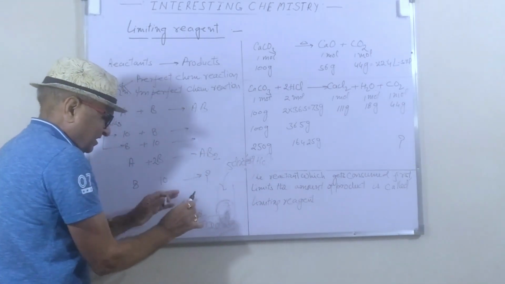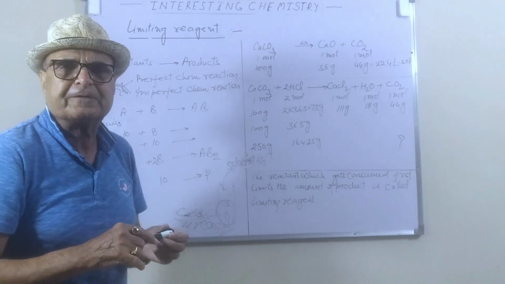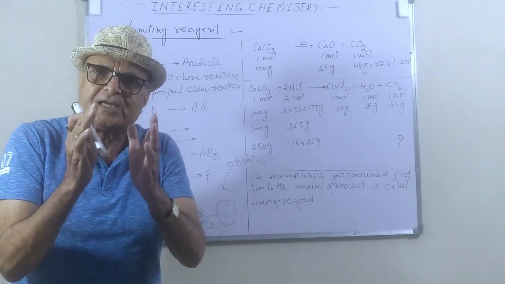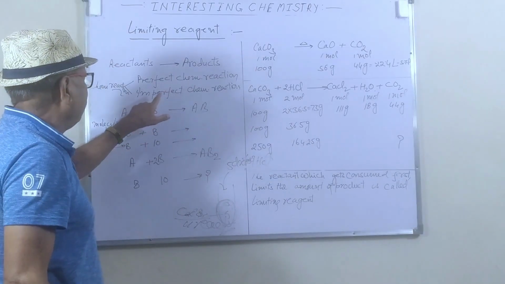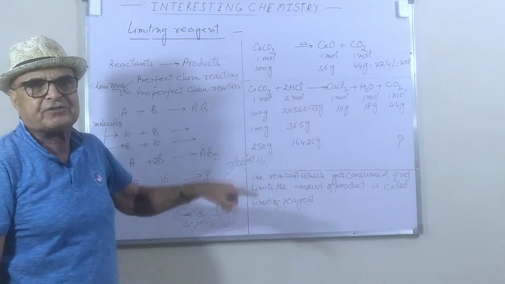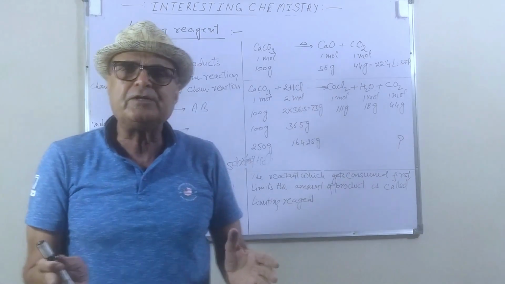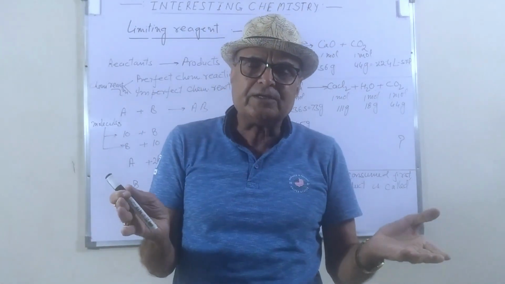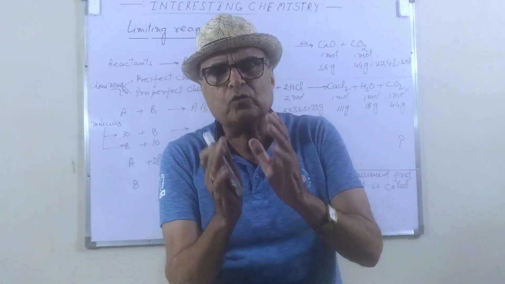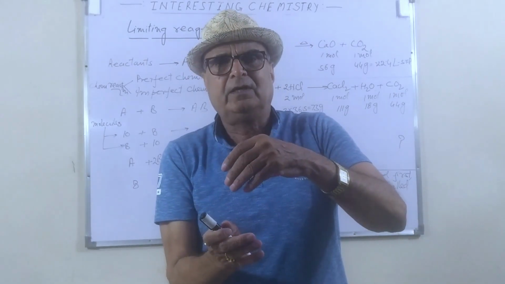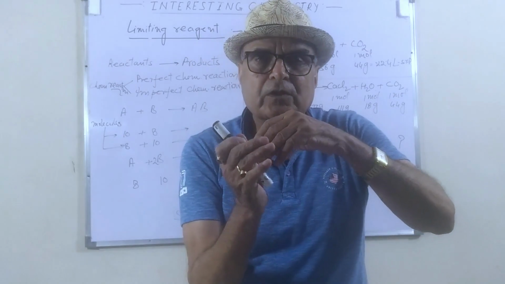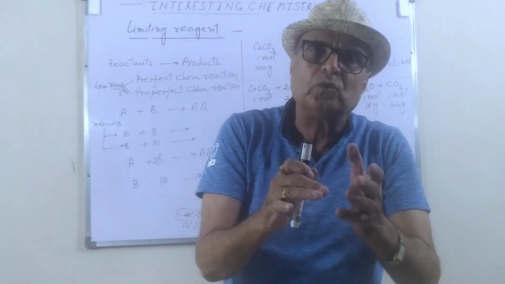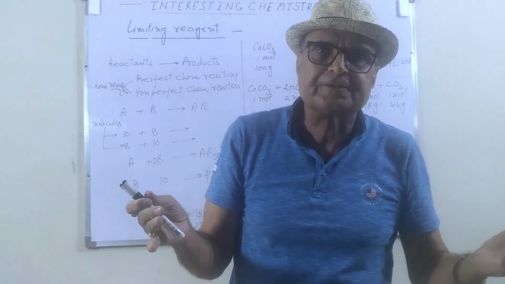So this experiment or this chemical reaction which I have shown you is an imperfect reaction. Imperfect reaction means the reaction in which the total amount of the reactants doesn't convert into the products.